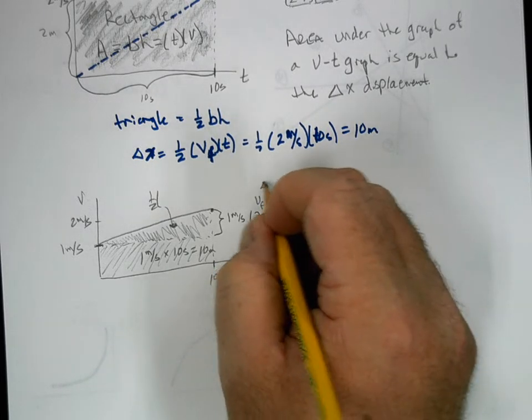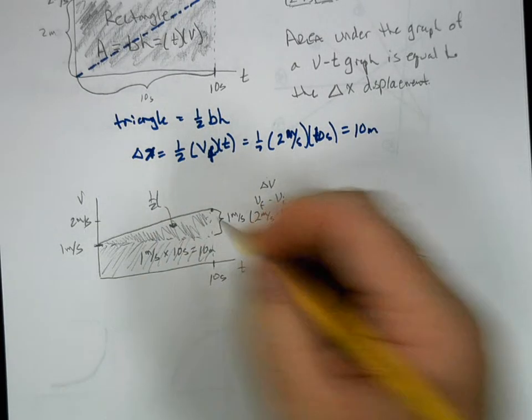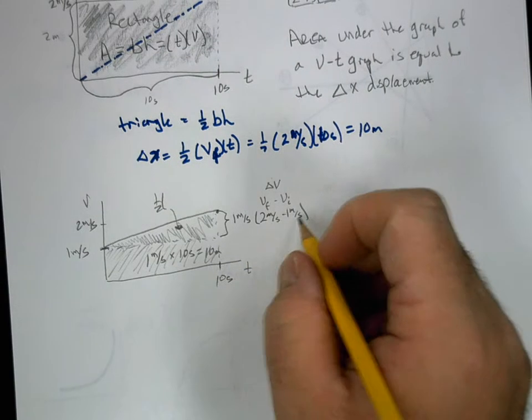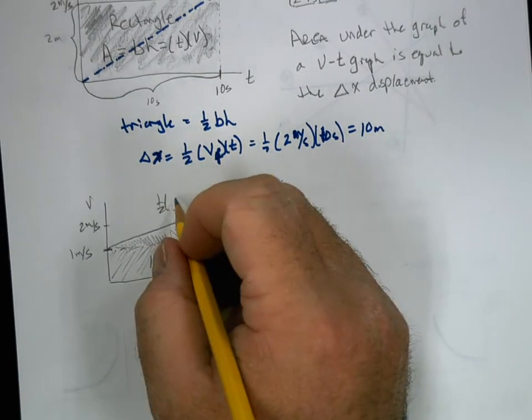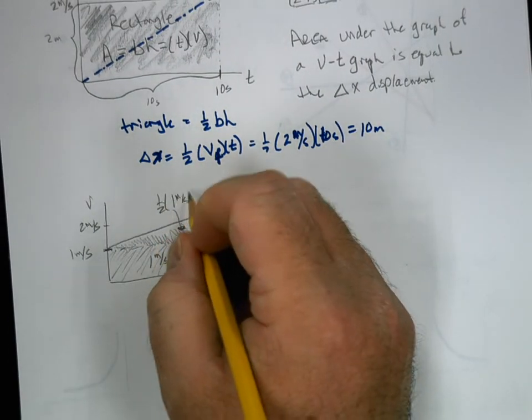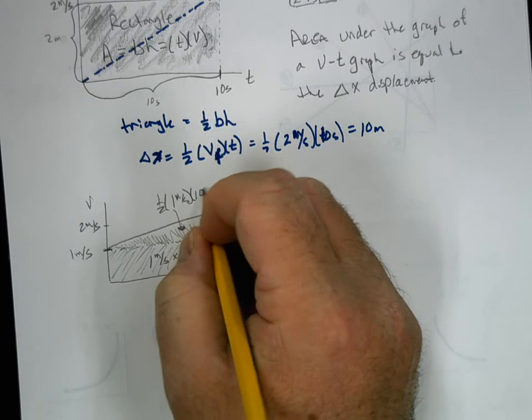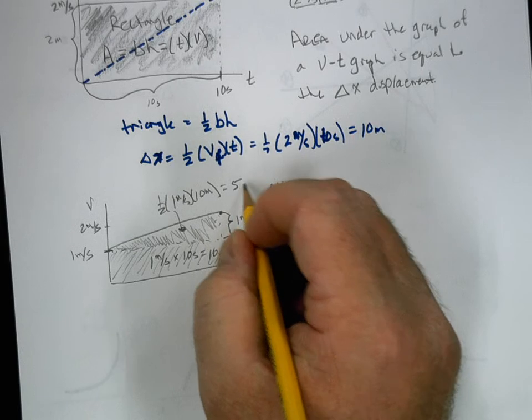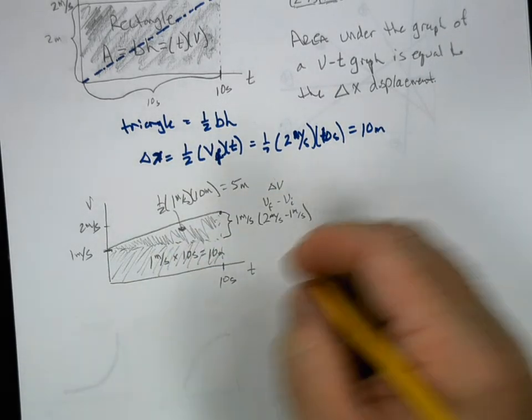That's our change in velocity. And then our time would still be 10 seconds. 1/2 times 1 times 10 equals 5 meters, and this total area would then become 15 meters. That's if I started at 1 meter per second and sped up to 2 over that 10 seconds.